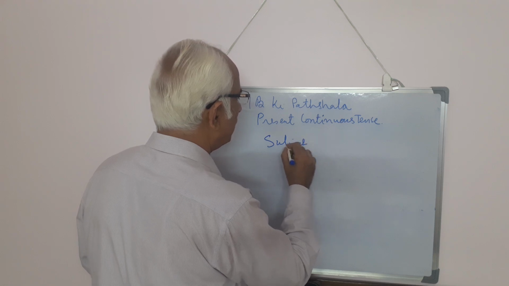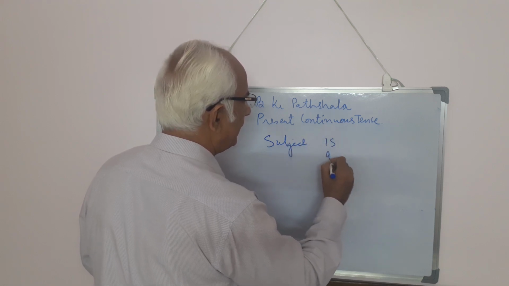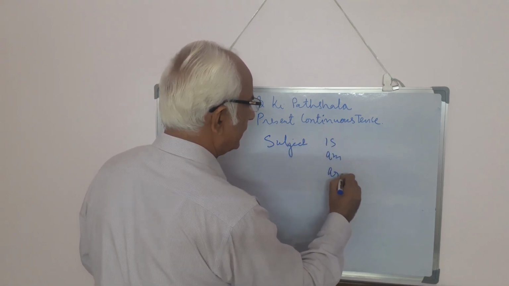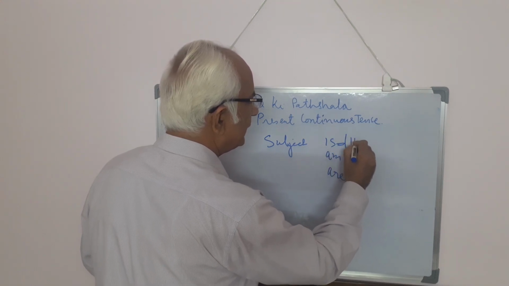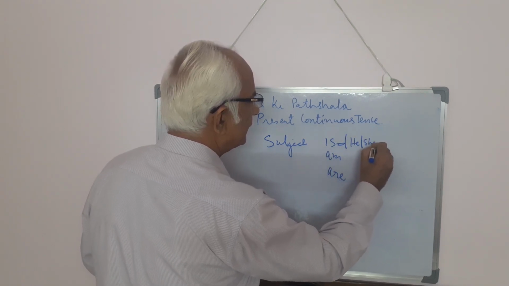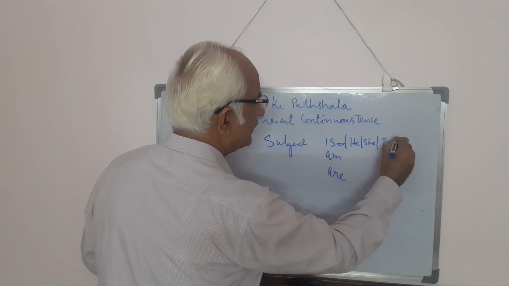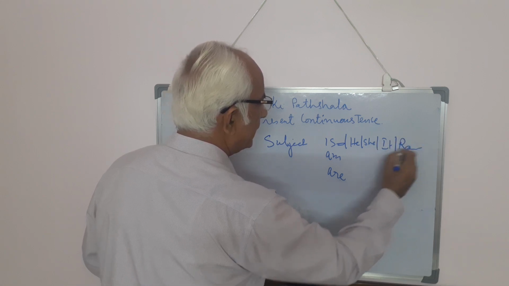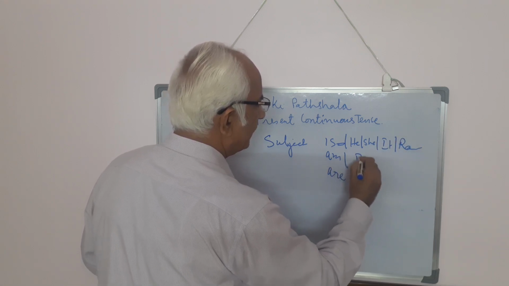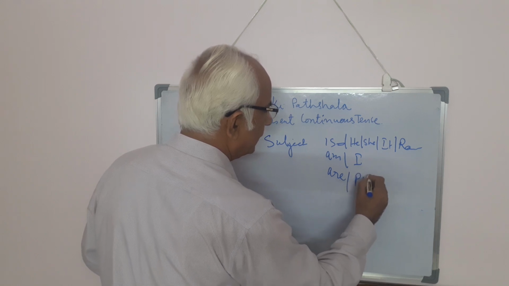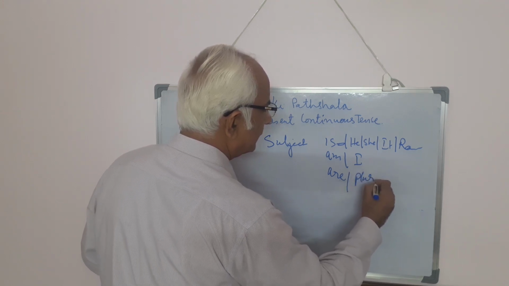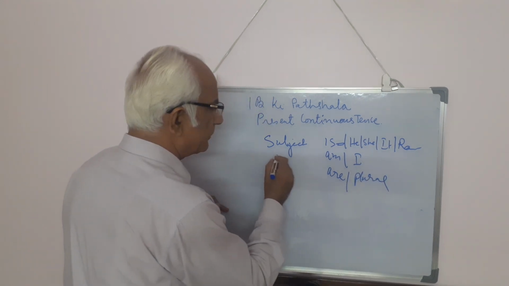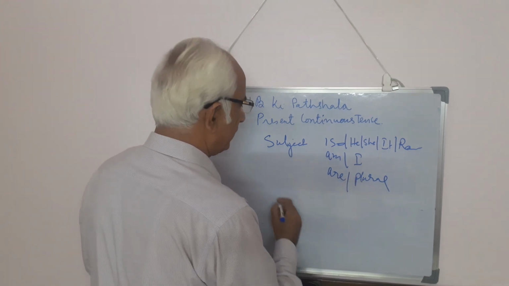and then helping verb is, am, are. Is will be used with he or she or it or with someone's name like Ram, etc. Am is used with I, are is used with plural. If the subject is plural, we use are.